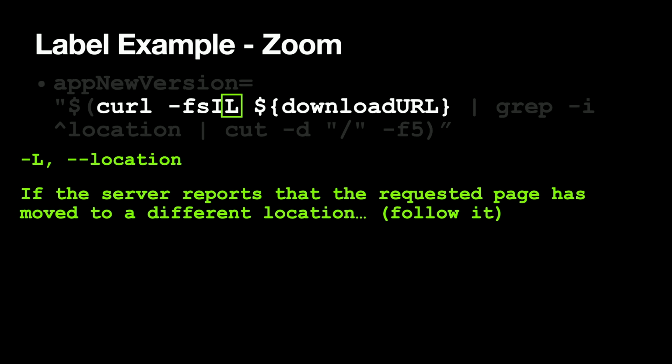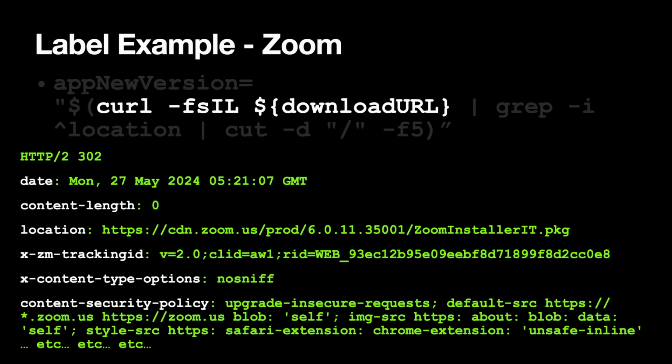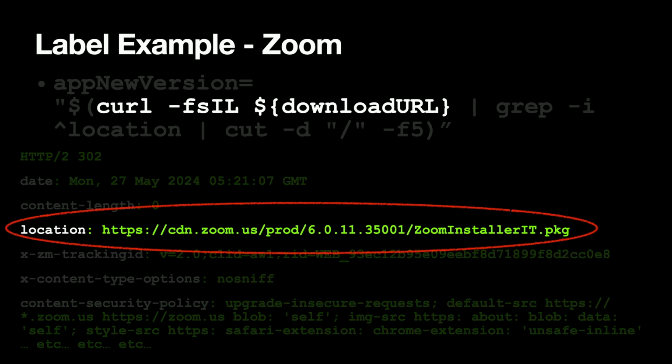The I and L together say, I want the metadata of the final destination of this URL. The results of this command look something like this, with a whole bunch of other stuff below it as well. But what we are interested in here is the location. That is the final URL after following all of those forwards.